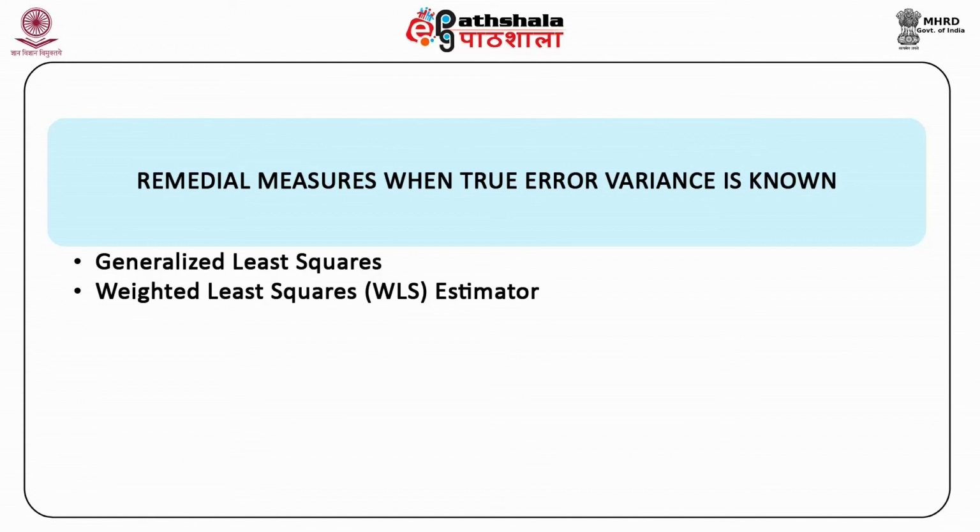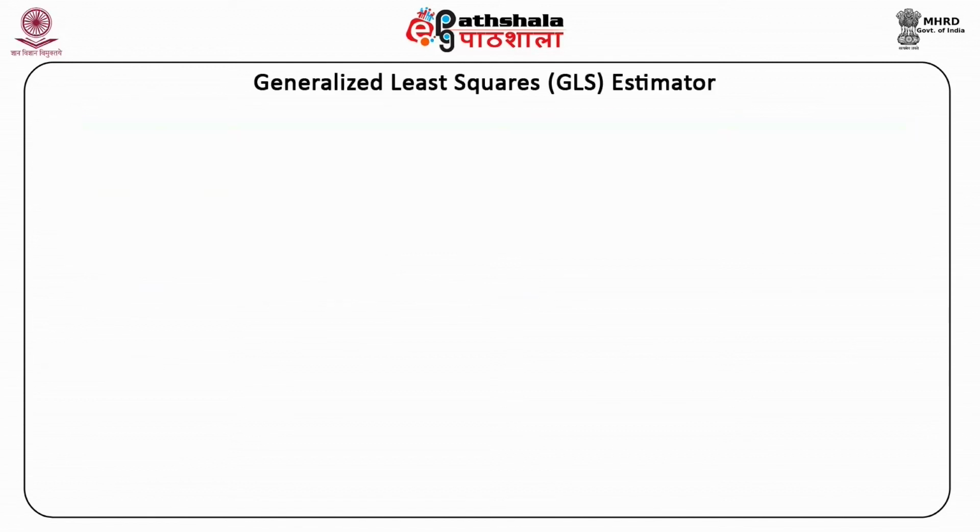Let's discuss each one of them in turn. If the variance of the error term is non-constant, then the best linear unbiased estimator is the generalized least squares estimator. It is also called the weighted least squares estimator.